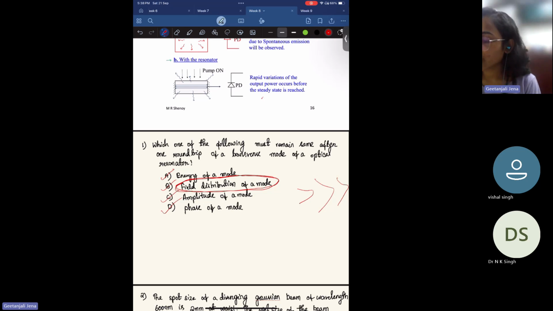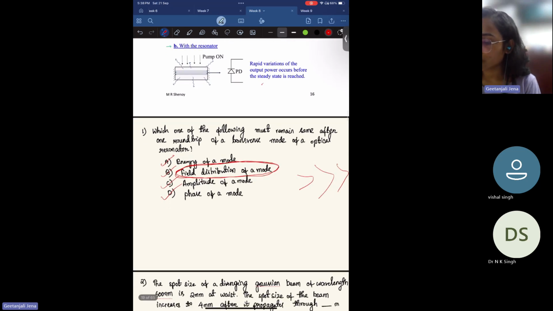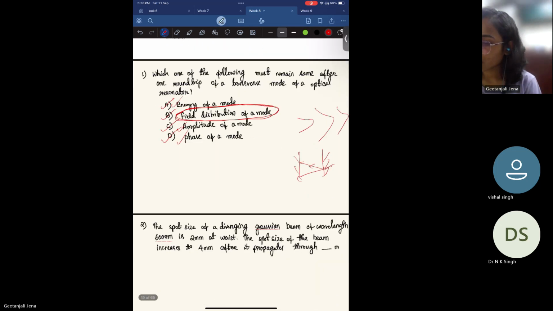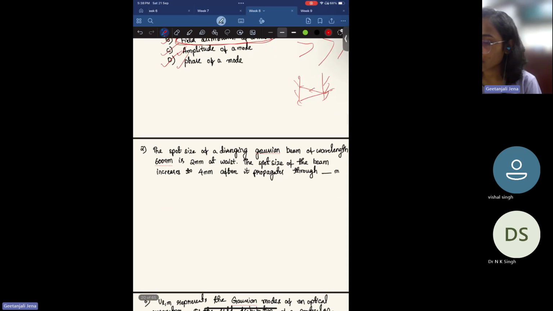Others will vary after one round trip, because these mirrors are reflecting, right? So some part will get reflected, some part will get transmitted. So depending on the reflectivity, the amplitude, the phase, and the energy, all the three will change. Only the field distribution will remain constant after one round. So this is the conceptual one.